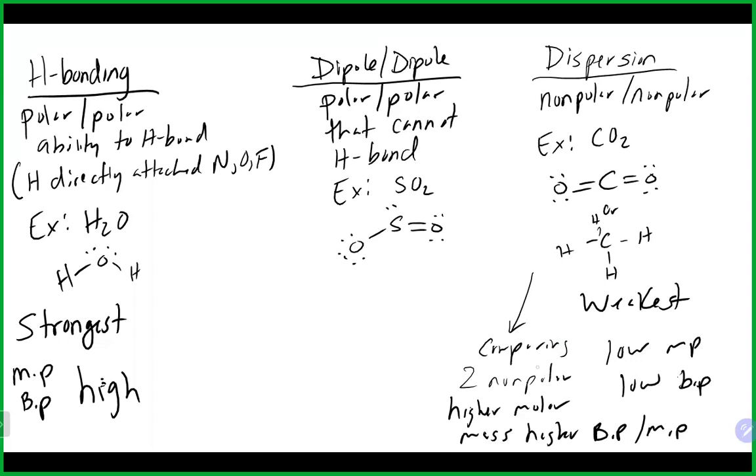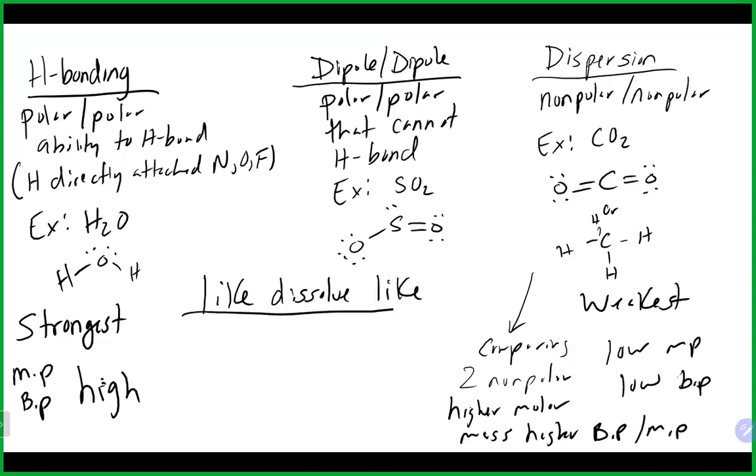So if you're comparing two nonpolar molecules where they both are using dispersion forces as their main force, the one with the higher molar mass, which has more electrons and more interaction points, will have a higher boiling point and melting point. As I also mentioned before, this idea we'll hear in another chapter as well: like dissolves like.